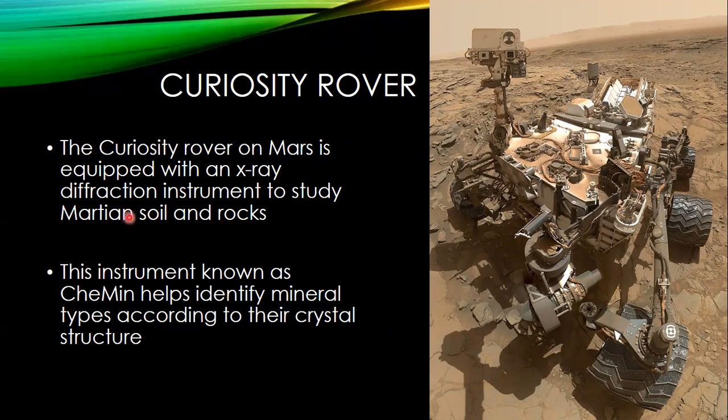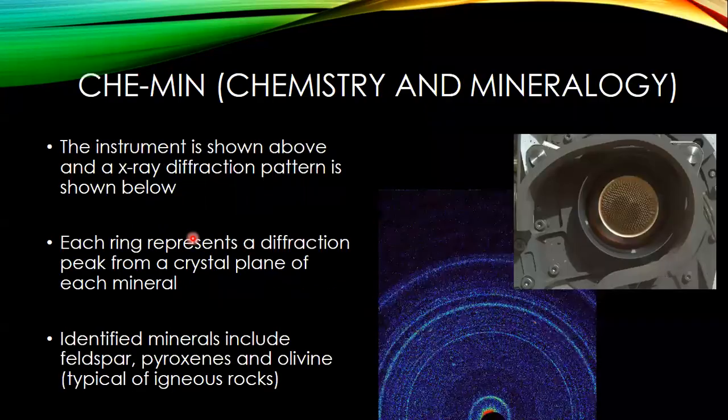One of the instruments that it uses is called, I hope I'm getting this correct, the CheMin, which helps identify mineral types using X-ray powder diffraction. Basically, it uses a beam of X-rays to perform X-ray powder diffraction and then determine the crystal spacing in the minerals from each of these samples.